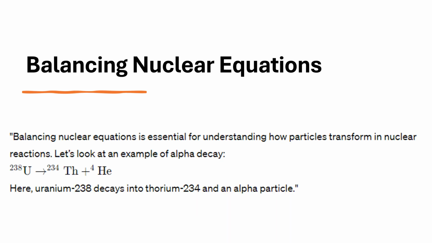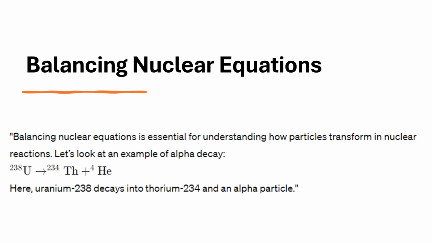Let's now provide an example of balancing nuclear equations. So in our previous lessons, we have discussed balancing equations. There is also a special type of balancing involving nuclear equations. For example, we have uranium-238. If it undergoes alpha decay, it will become another element.